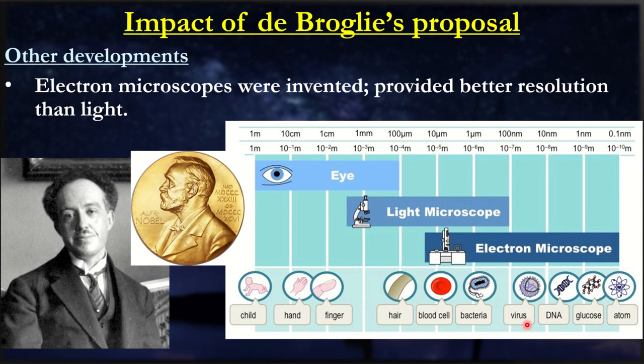So for things like viruses, DNA, glucose, and the structure of the atom, we use X-rays, and we also use electron microscopes to look at these as well. So without the work of de Broglie, we wouldn't have electron microscopes. We wouldn't be able to look at the different structures of viruses, DNA, glucose, and atoms. So that's really important.